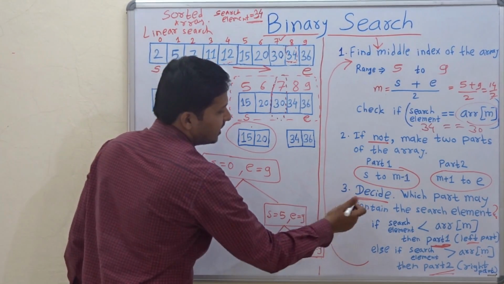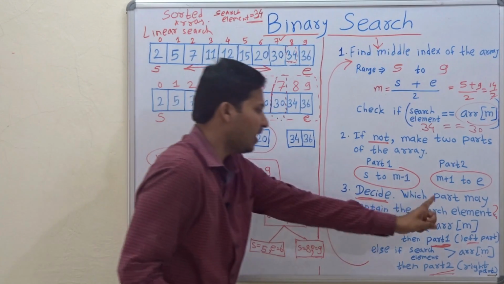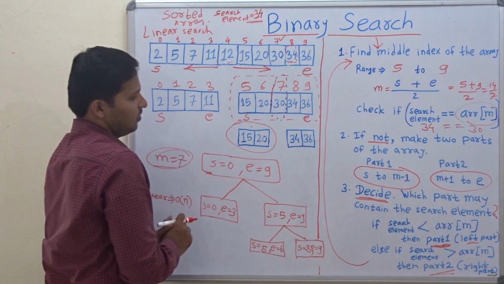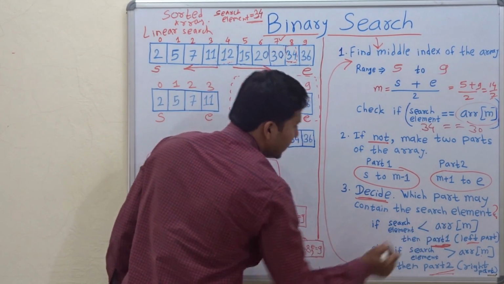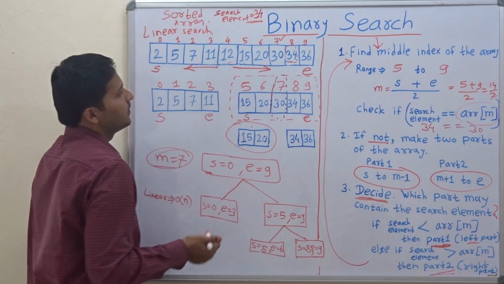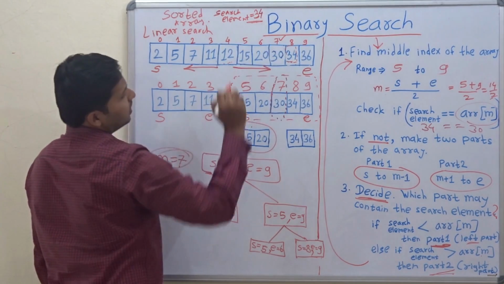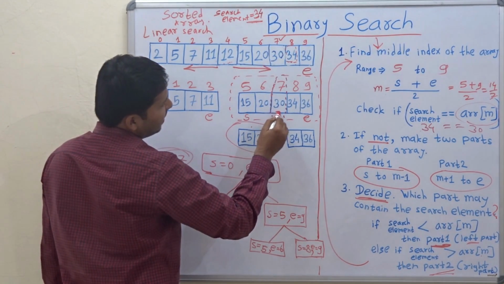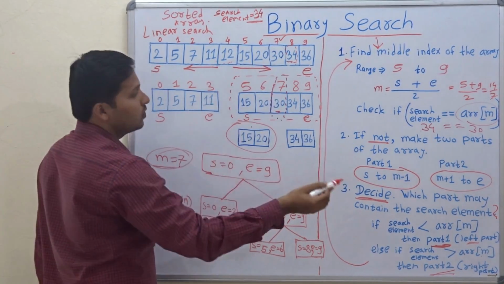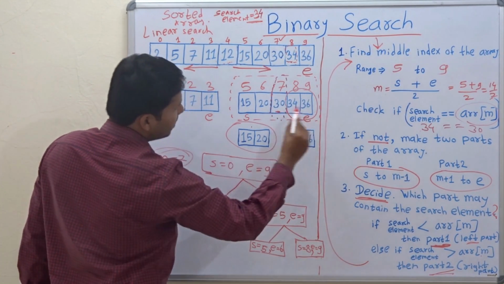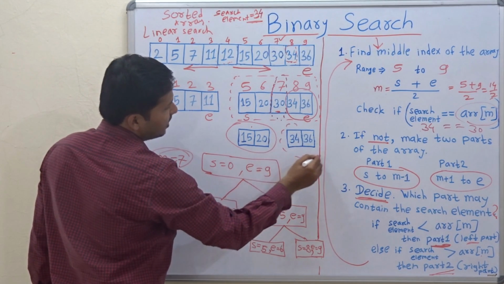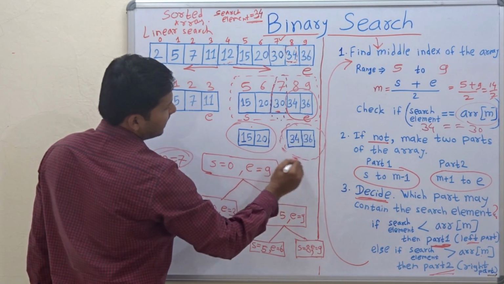Now what is the third step? Decide which part may contain the search element. As you know, you have to compare the search element with the middle element and then decide. So as 34 is greater than the middle element 30, 34 should lie in the right part, that is the part next to the middle element, so it will lie inside the second part.